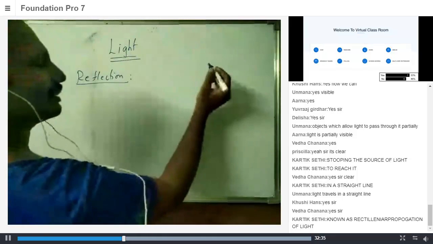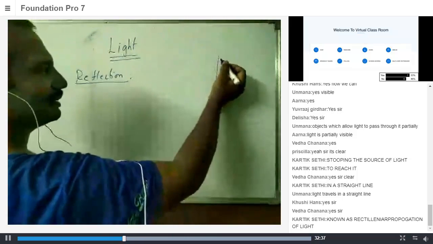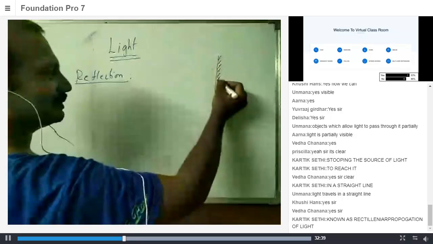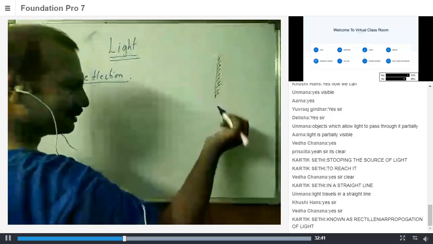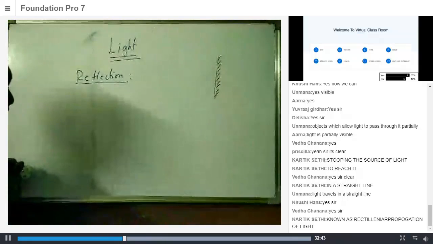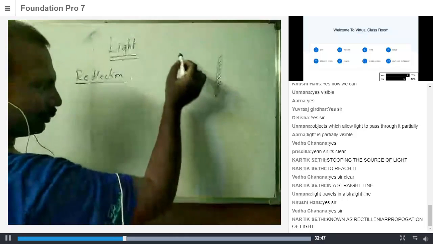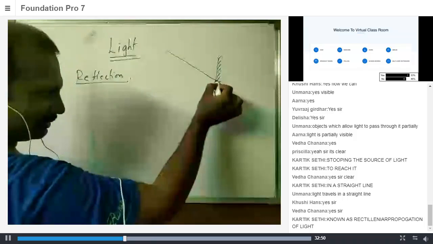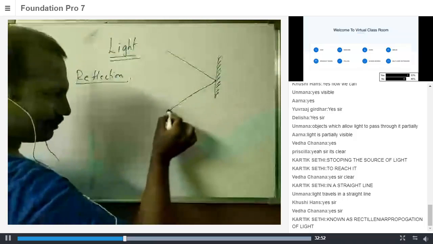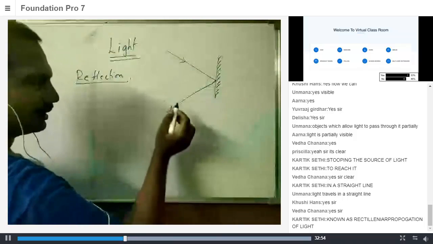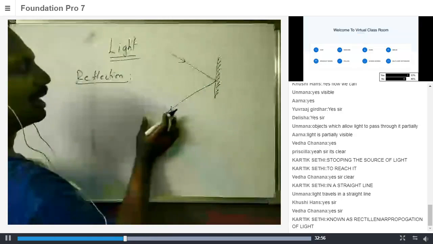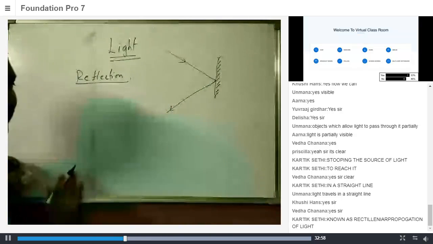It just comes back. It doesn't go through it. So this is the general way we represent a wall or a reflecting surface in optics. So if light falls on it, what will happen? It comes back. So this phenomenon of light coming back is called reflection.